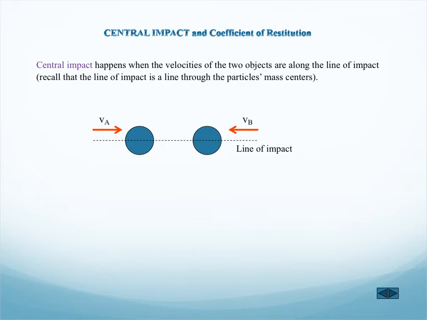And so what we're going to talk about in general is, first, before they collide, then we're going to have the period of deformation, then we're going to have the maximum deformation.